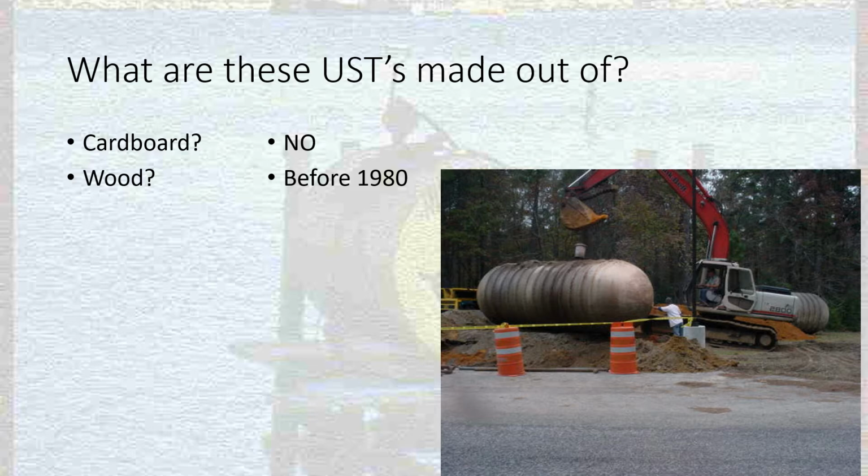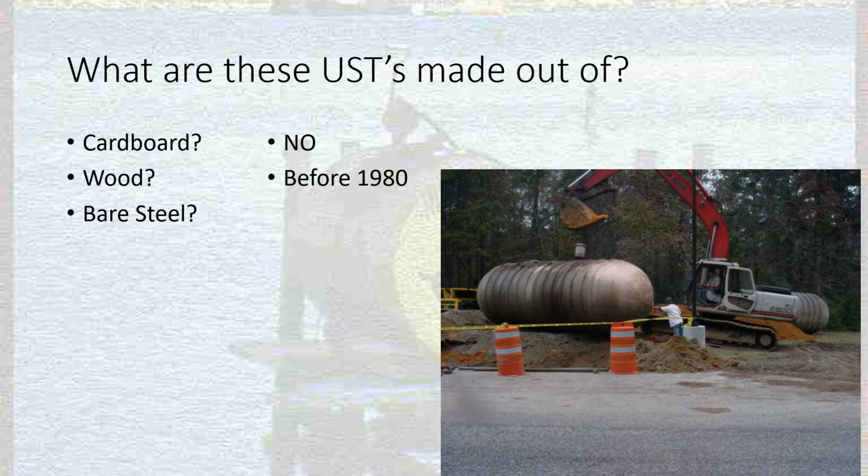The common theory was oil came from the ground, so why is it bad to let oil go back in the ground? Now we know how contamination from oil can harm water supplies, and it can harm human health. So we stopped doing that around, well, for sure, when the regulations came into effect in the 80s.